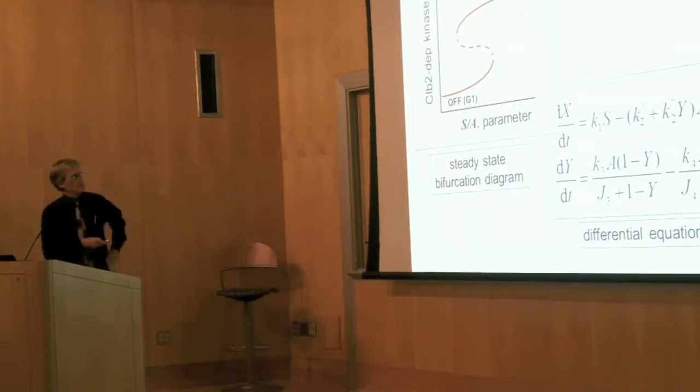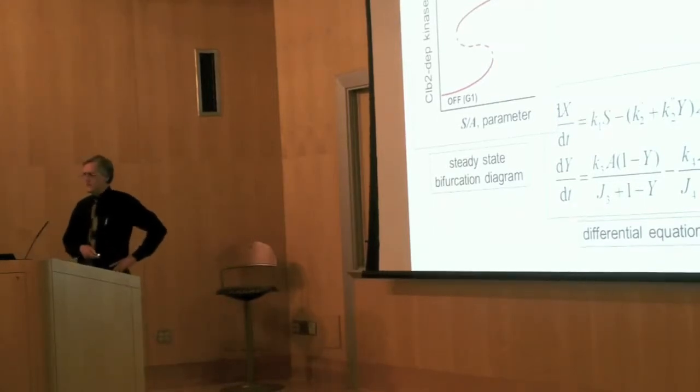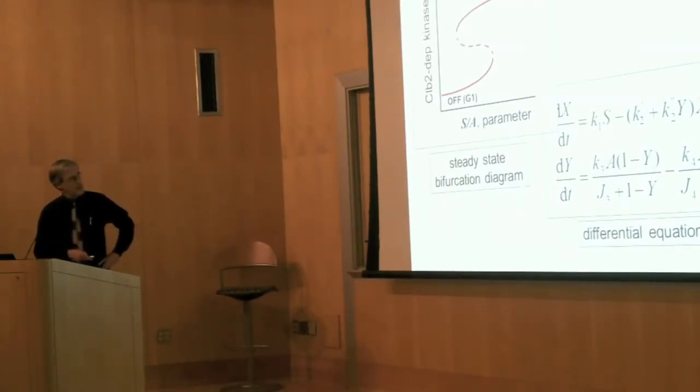The picture I want to draw is a graph that plots the steady state activity of the cyclin-dependent kinase, that's species X in this set of differential equations, as a function of a parameter. The parameter is the ratio of the activity of the transcription factor to the activity of the phosphatase.